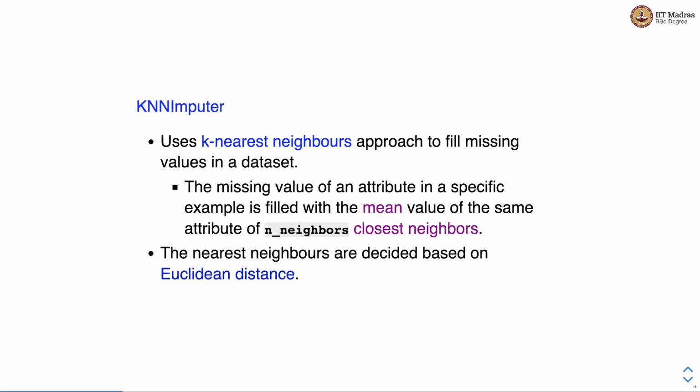We calculate the n nearest neighbors for this particular example, and then we fill up the missing value of an attribute in that example with the mean value of the same attribute of its nearest neighbors. The nearest neighbors are decided based on Euclidean distance.